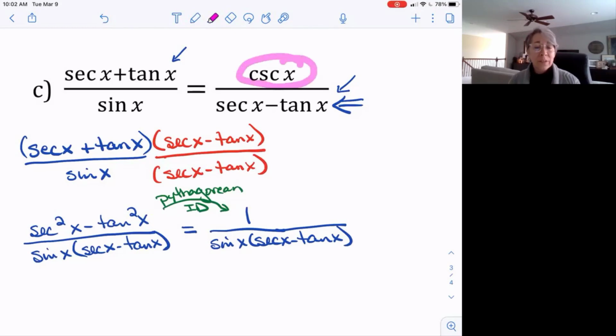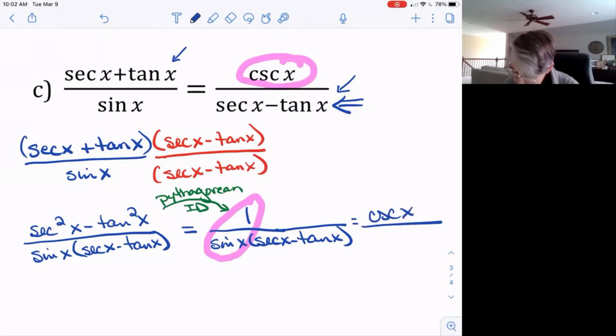But look what we have left. We have 1 over sine x. Remember, sine and cosecant are reciprocals. So this is the same thing as saying cosecant x divided by secant x minus tangent x, which is in fact our right-hand side. So always keep an eye on your goal, what you're trying to get it to look like, and that might save you some steps.